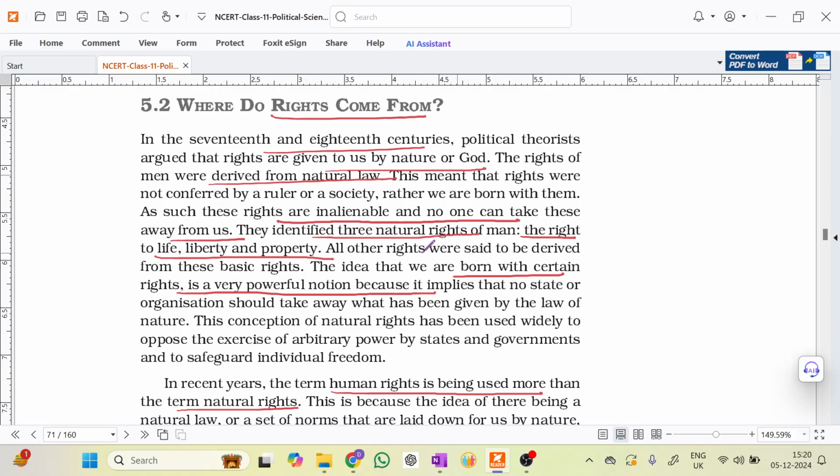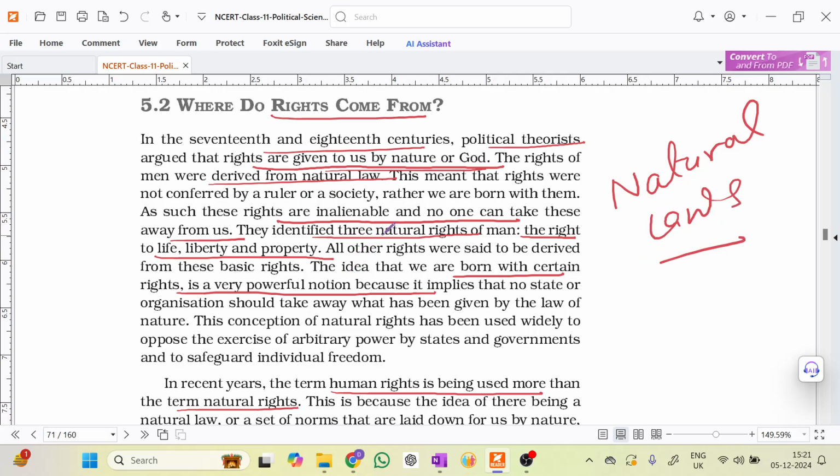Now let's talk about the source of these rights. Where have these rights come from? And how has the concept of rights come into fashion? In the 17th and 18th century, some political theorists believed that rights are given by nature or God, and they were called natural rights.